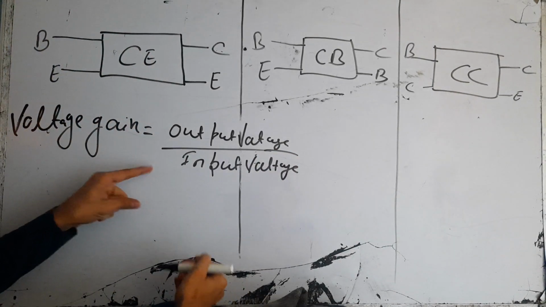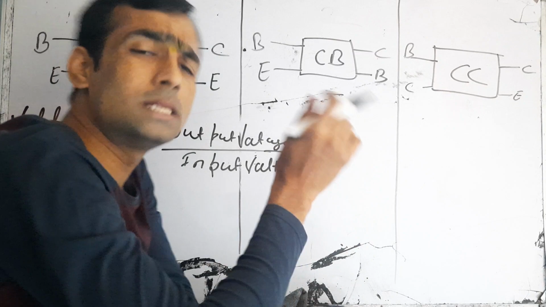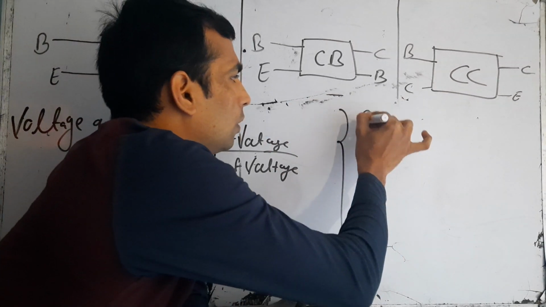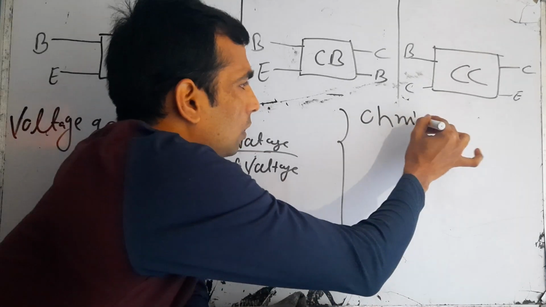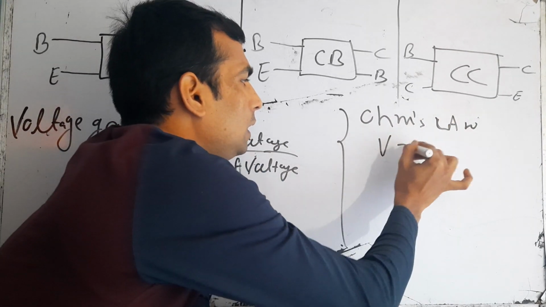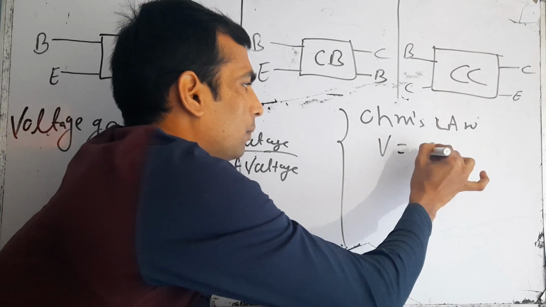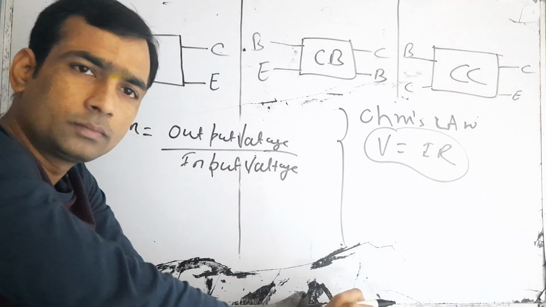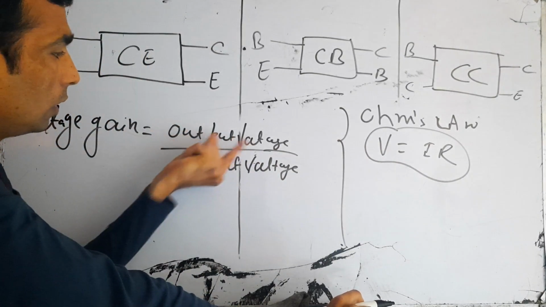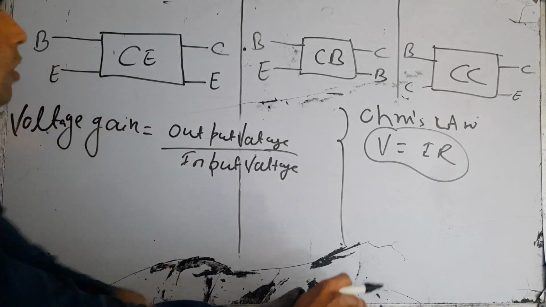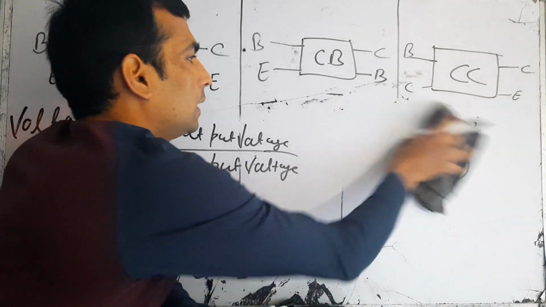Okay, now I'm going to tell some basic points related to this: Ohm's law. V is equal to IR. I'll use the same result here. So output voltage upon input voltage. What is the voltage gain for common emitter?